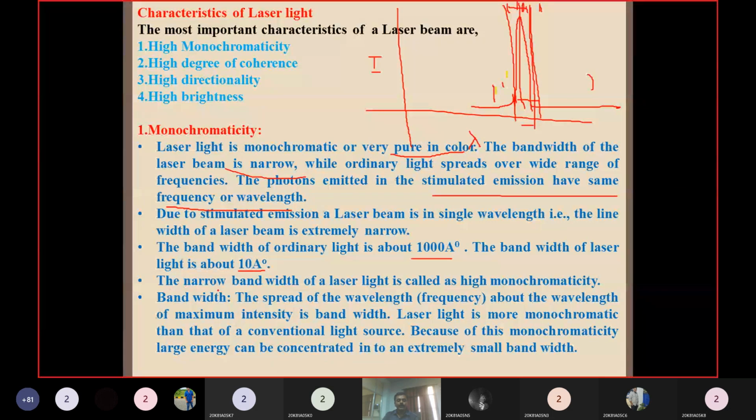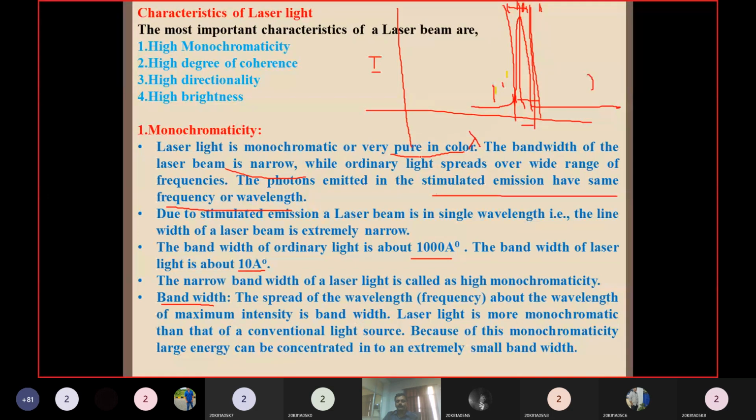Now, the narrow bandwidth of the laser light is called high monochromaticity. What is the definition of bandwidth? It is the spread of the wavelength or frequency about the wavelength of maximum intensity.